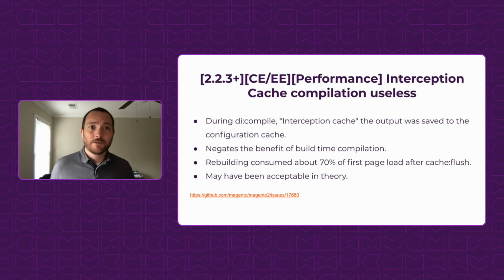I'm assuming it wouldn't, just based on the fact that it's generated when I run setup:di:compile. The description of the issue goes into more detail and explains that there's no point in generating it at build time if it's writing to Redis or the backend cache. And rebuilding it was very CPU intensive, and it also put a lot of strain on the file system.